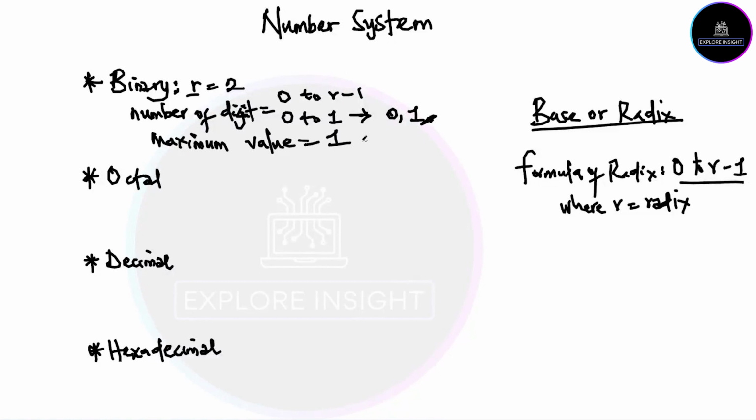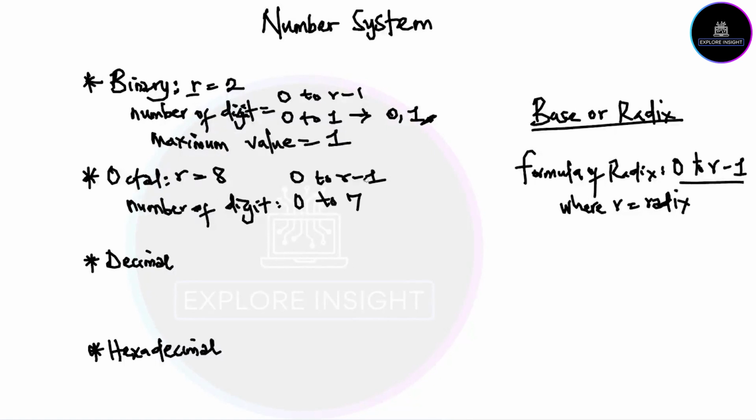So let's consider the octal system. In this case, our radix is 8. So the number of digits is going to be 0 to 7. Why? Because from the formula, 0 to r minus 1 means 8 minus 1, which gives us 7.